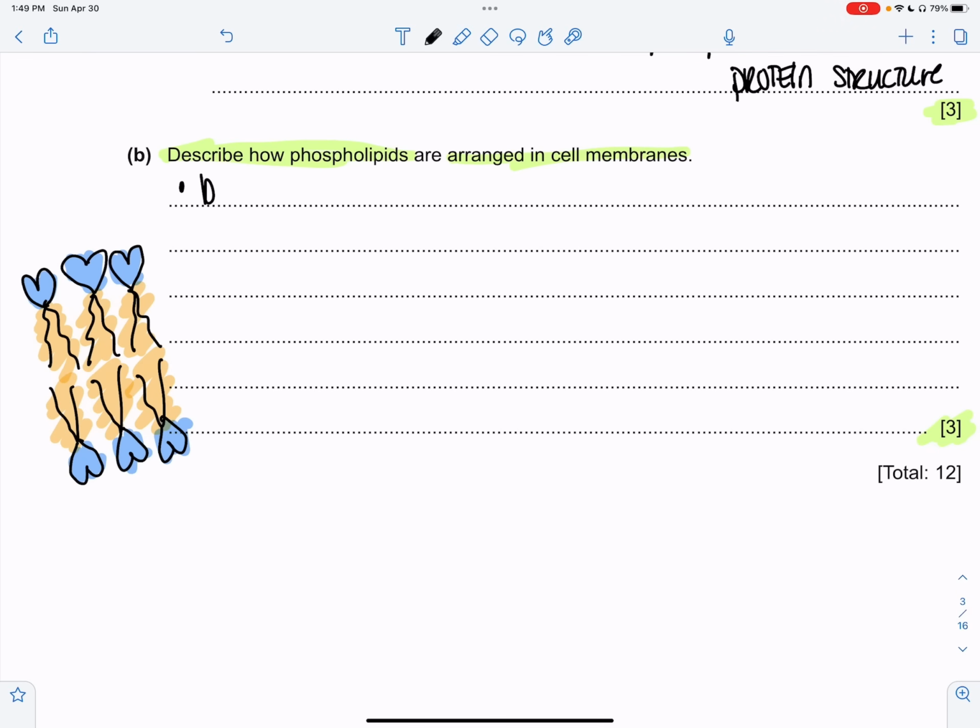They'll say they form a bilayer. Here's your one, here's your bi. Second thing. And I'm sorry, I'm going to say phosphate head instead.